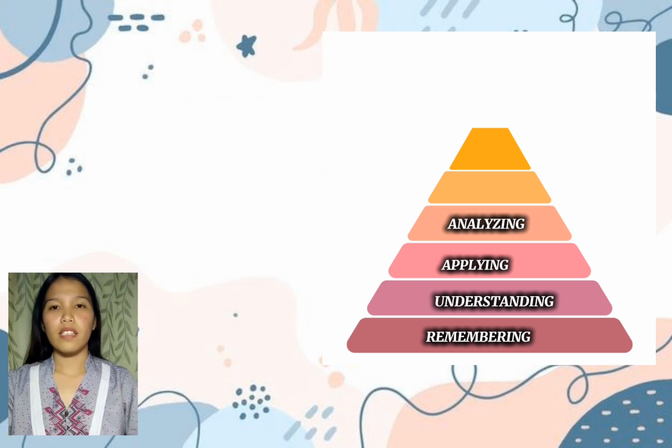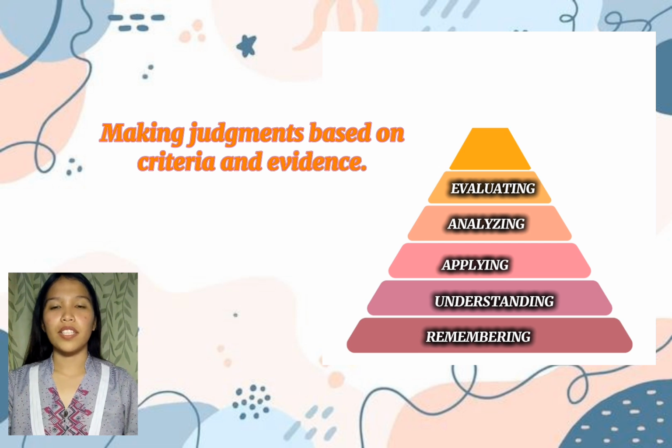The fifth one is evaluating, making judgments based on criteria and evidence. Evaluating is the fifth level of cognitive learning and involves making informed judgments based on evidence, logic, and established criteria.